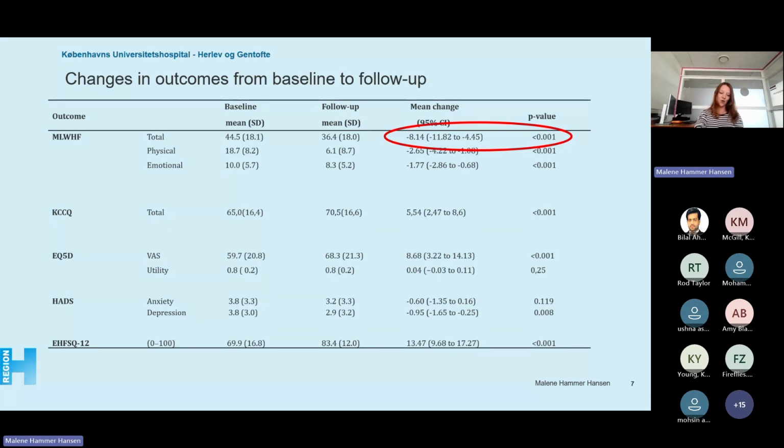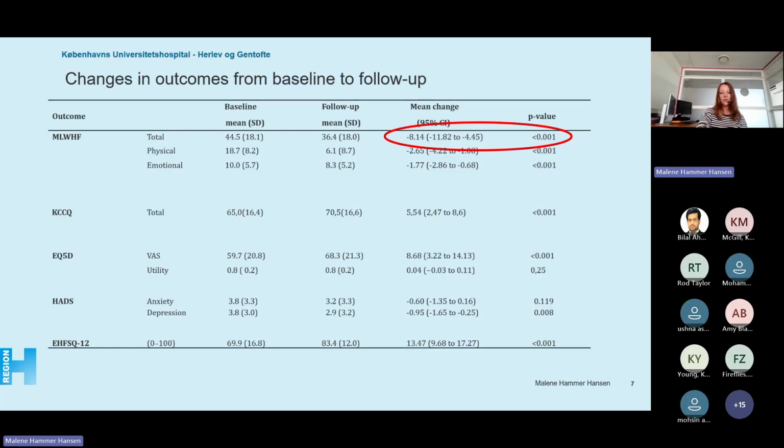So the mean score improved by just over 8 points, and this improvement was statistically significant and maybe more importantly meaningful for patients, because in people with heart failure an improvement of 5 points or more is considered enough for patients to notice a real difference in their everyday life.